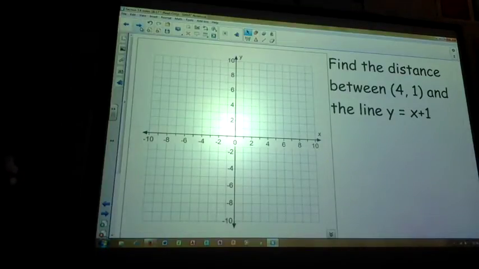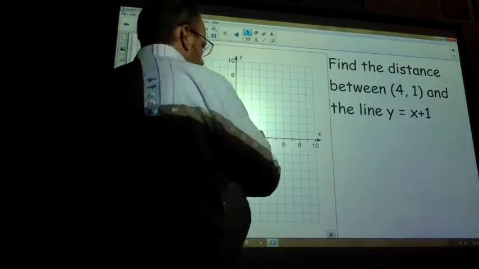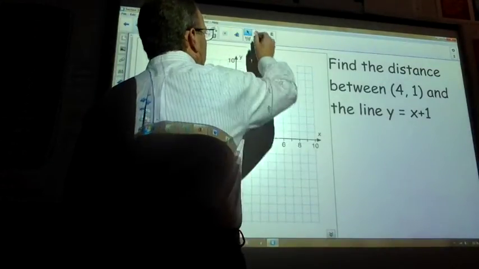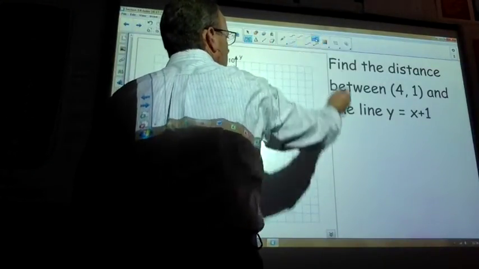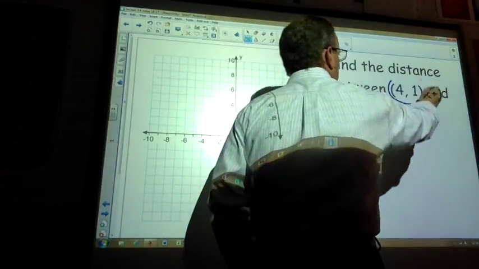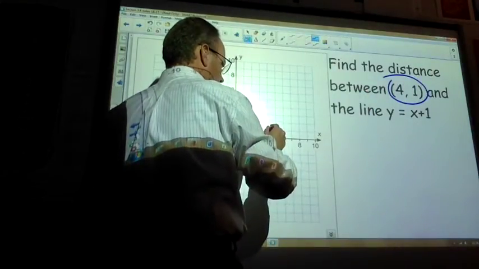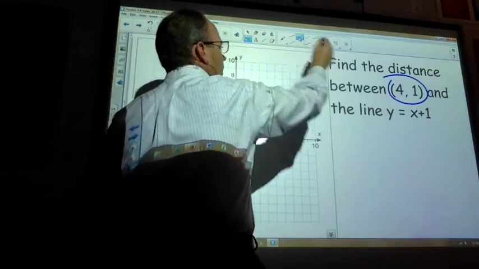All right. Find the distance between 4, 1. So 4, 1, this point right here. I want it to be blue. So 4, 1. And this line.